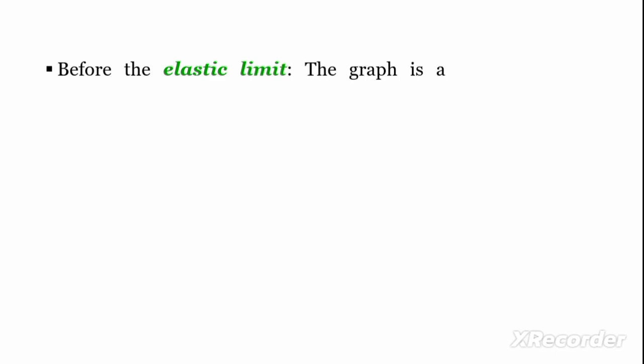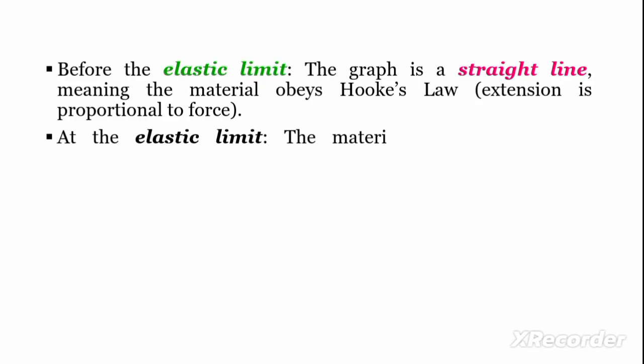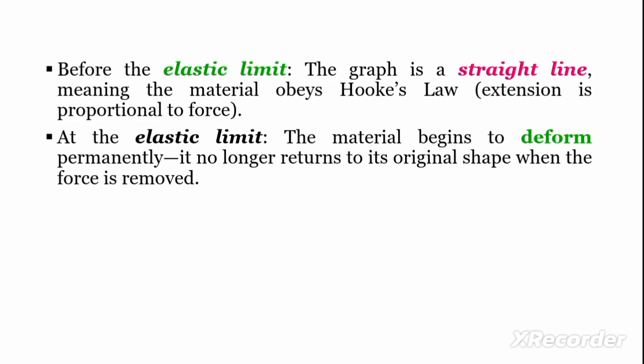So before the elastic limit, the graph is a straight line, meaning the material obeys Hooke's law. The extension is proportional to force. Hooke's law states that the extension is directly proportional to force. At the elastic limit, the material begins to deform permanently; it no longer returns to its original shape when the force is removed.